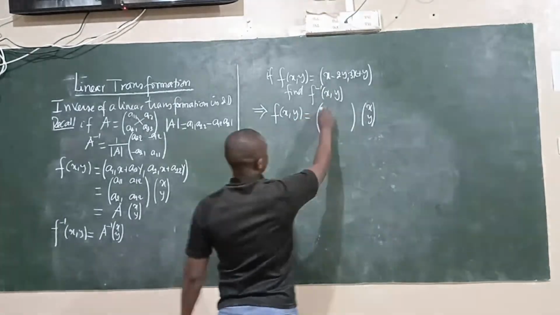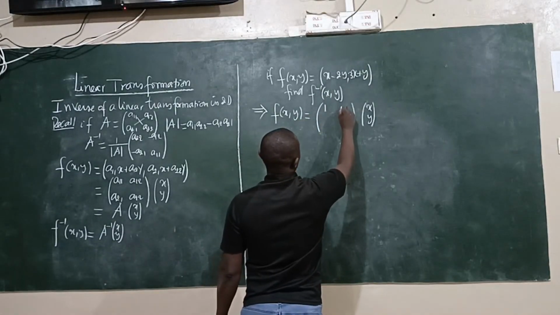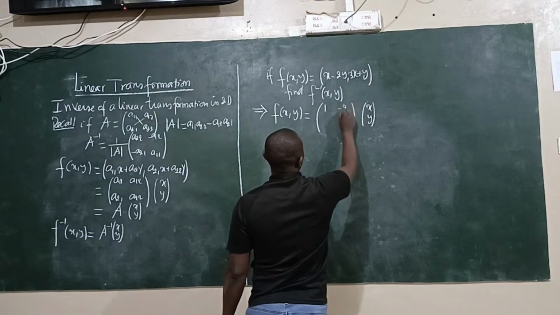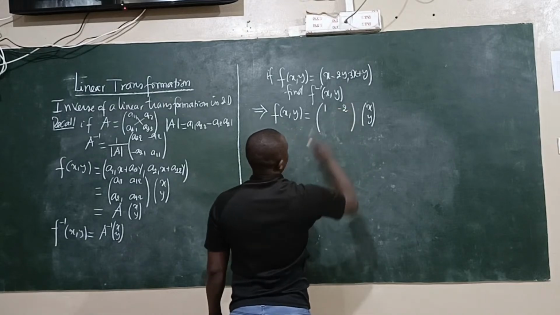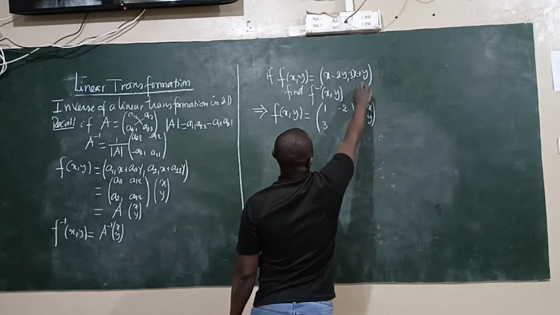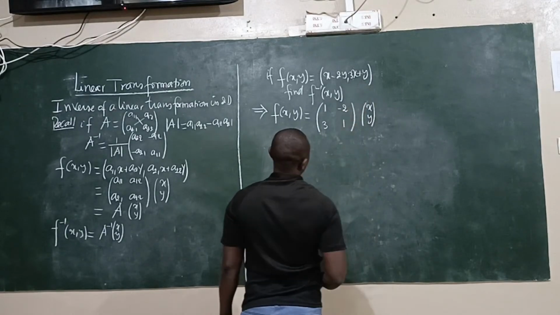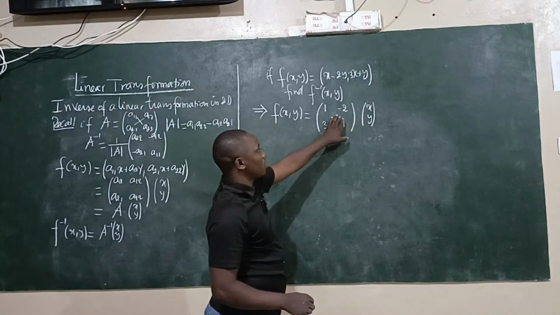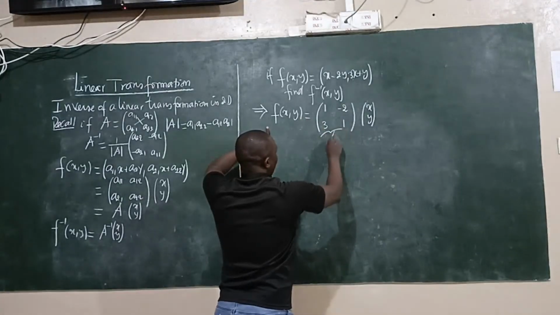The coefficient of x here is 1, while the coefficient of y here is -2. The next, the coefficient of x here is 3, while the coefficient of y here is 1. We need to assume this as a matrix A.